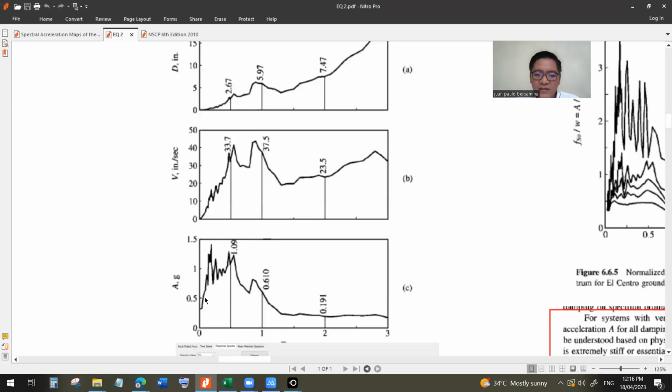By knowing this theory, then the numerical methods approach, paano na-derive to, at least you will now understand bakit yun ang ginagamit sa code. Why we need to use spectral acceleration map in using or in getting the base shear using IBC.